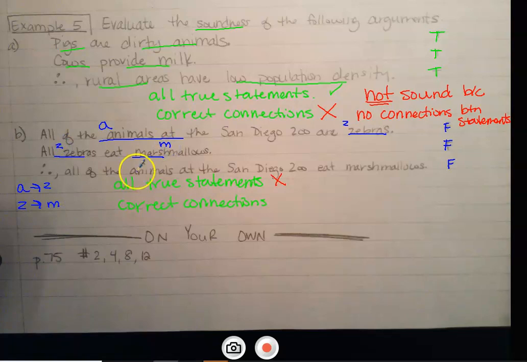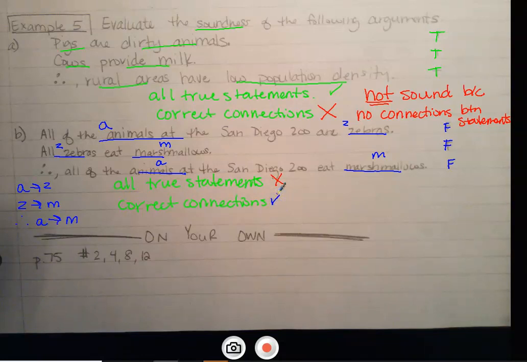Therefore, all of the animals, A, at the San Diego Zoo eat marshmallows. So therefore, if A, then M. This is that transitivity again. It's got great connections. So the correct connections are there.